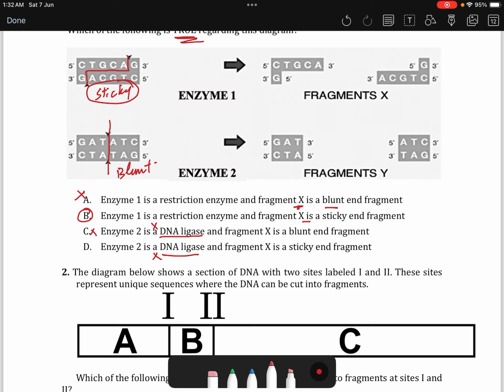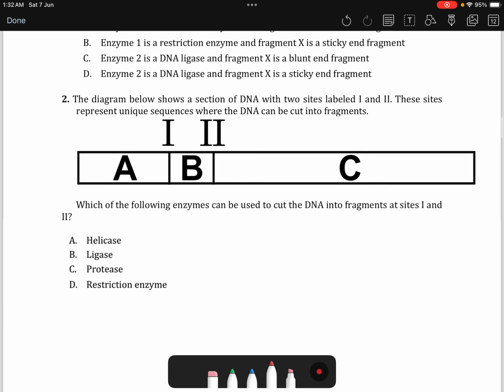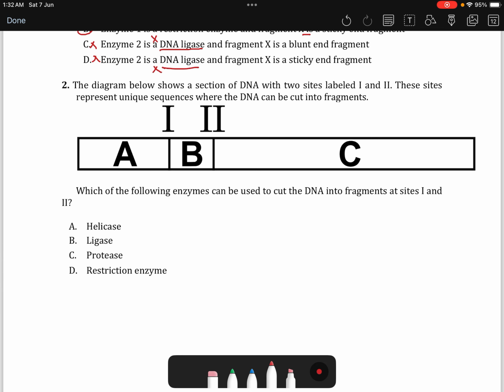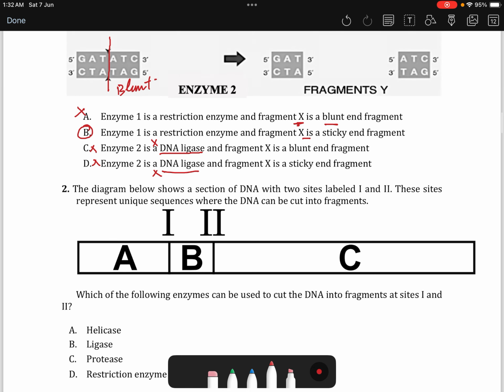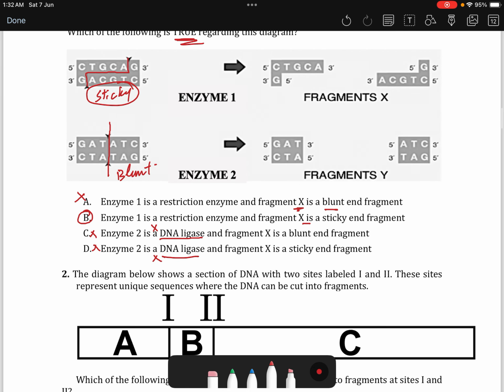No. So these are wrong statements. One more thing: maybe the same diagram comes but the statements change. For example, we can also say enzyme 2 is a restriction enzyme and fragment Y is blunt, and then it will be correct also.